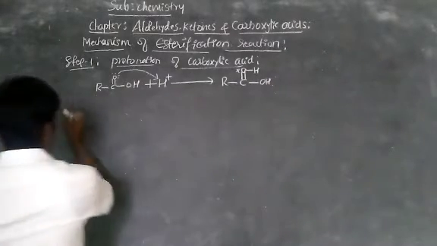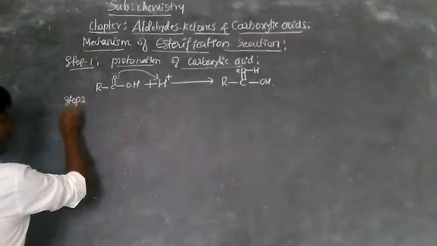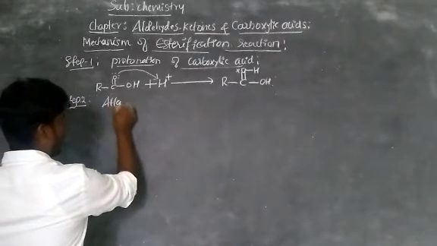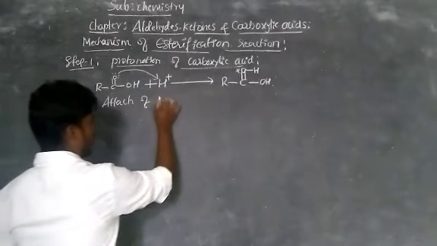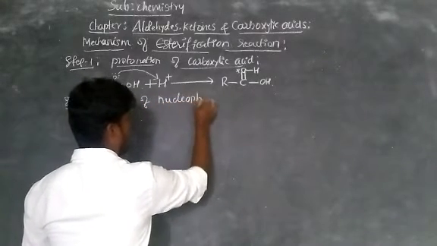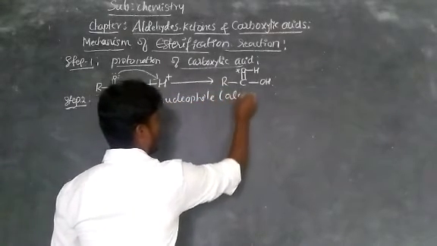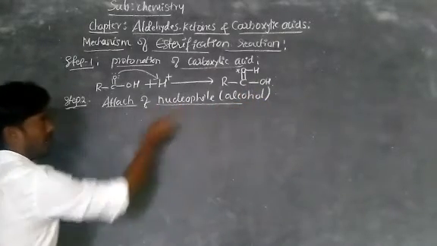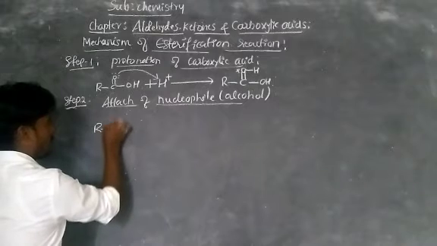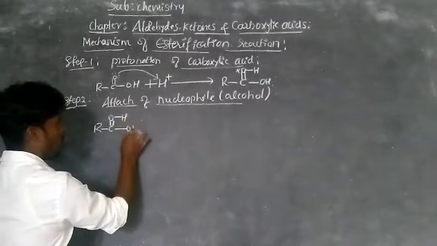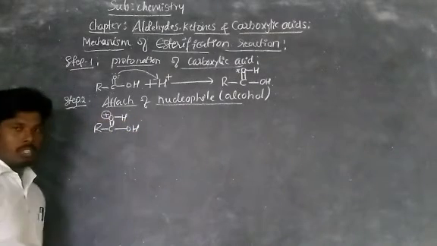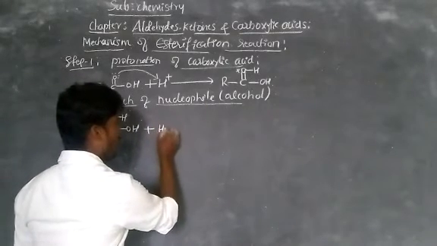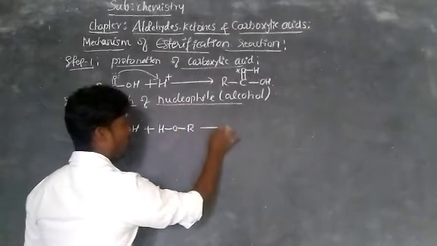Now the second step, step 2. Step 2 is attack of nucleophile. Here the nucleophile is alcohol. Now take this protonated carboxylic acid, C double bond O, H bond OH plus. Here the nucleophile is alcohol. So write alcohol, H bond O bond R. This is alcohol, right?